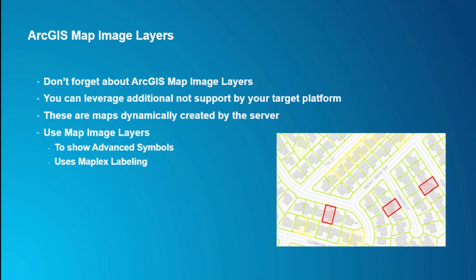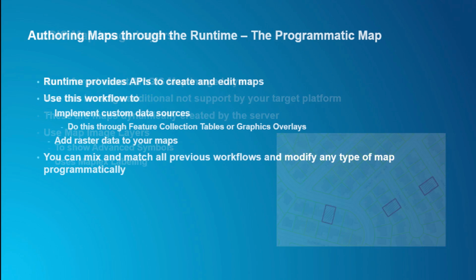So if you have specific functionality that you need, you could always create a map image layer. Like if you have specific labeling requirements or specific advanced symbols and you want this map to work in ArcGIS Online, then create a map image layer, and the server will produce an image every time you zoom to an extent of the map as it is.